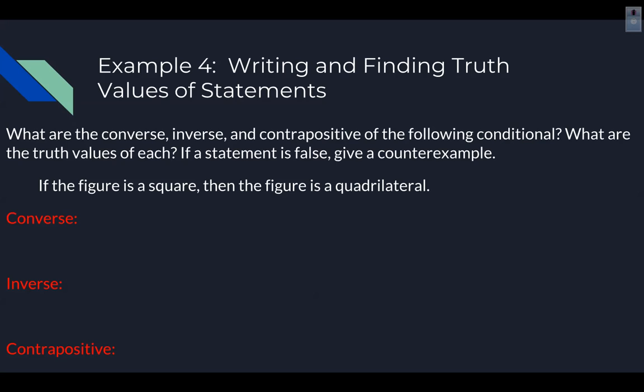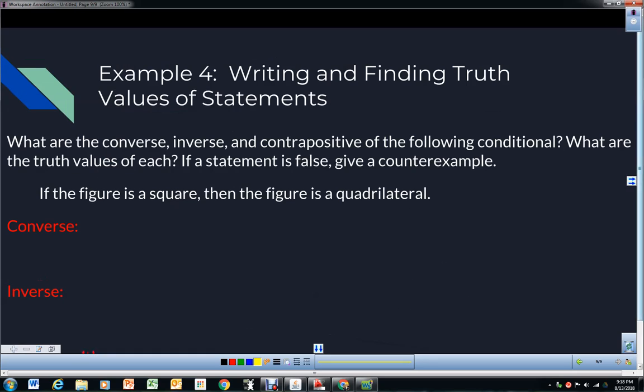So what are the converse, inverse, and the contrapositive of the following conditional? What are the truth values of each? If a statement is false, give a counterexample. If the figure is a square, then the figure is a quadrilateral. So this is our conditional statement. Let's decide right now, is this statement true or false?